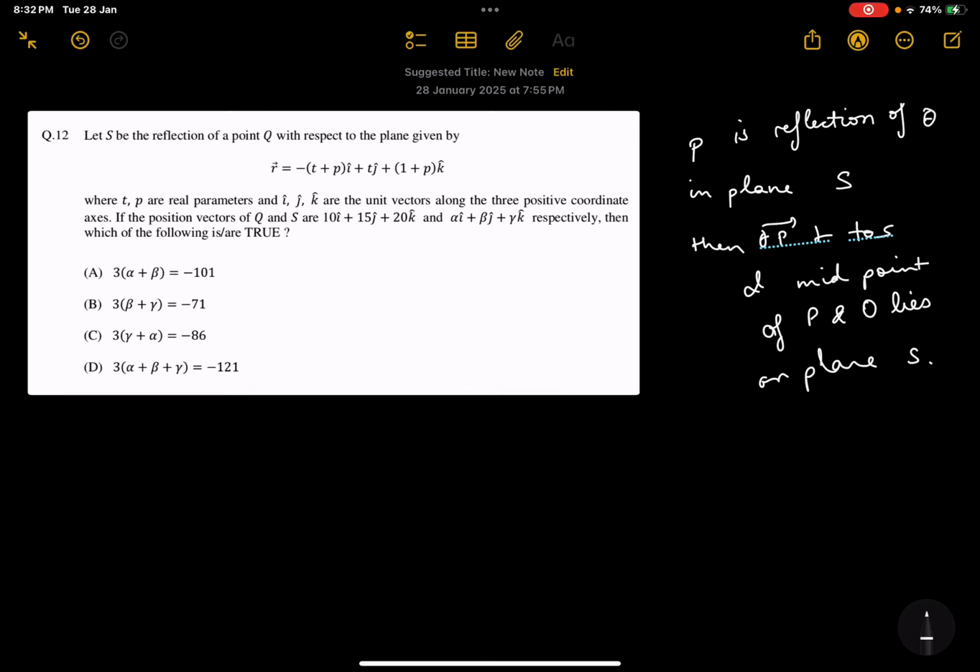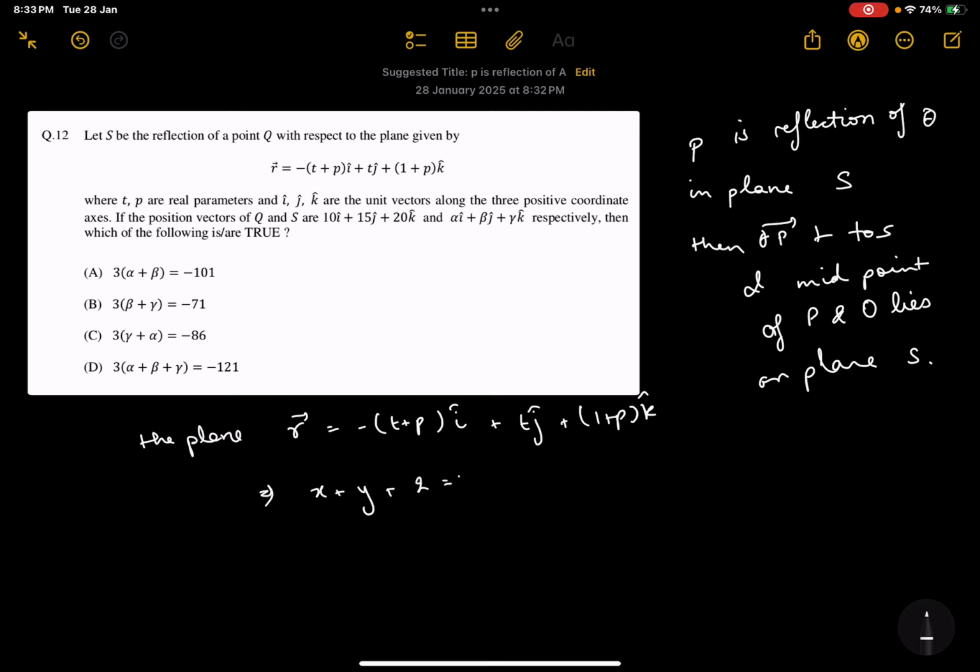So with this in mind, let's first note that the plane given by r vector equals minus t j cap plus 1 plus p k cap is simply x plus y plus z equals 1.